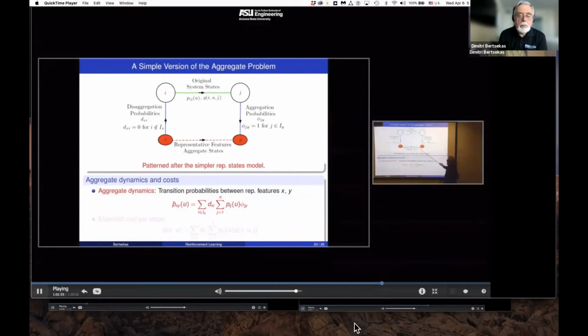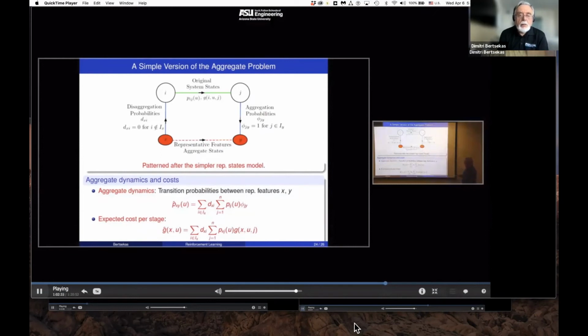To go from x to y, I have to go to one of the states i with these probabilities here, and then go across with these transition probabilities, and then go down with these other probabilities, and this is what you get. At the same time, as I go through the cycle here, I incur a cost right at this point. And that cost is the expected cost of going to states in here, and then the expected cost of making the transition. This down transition does not cost anything. So this is the expected cost per stage.